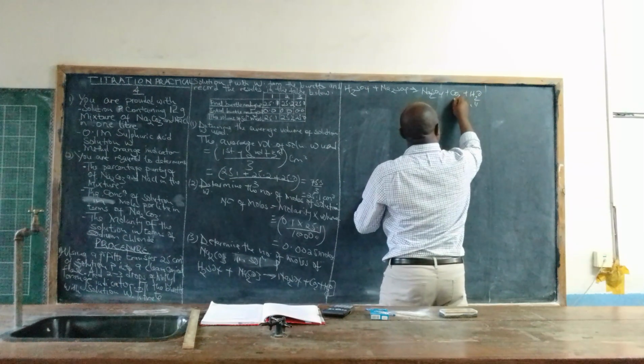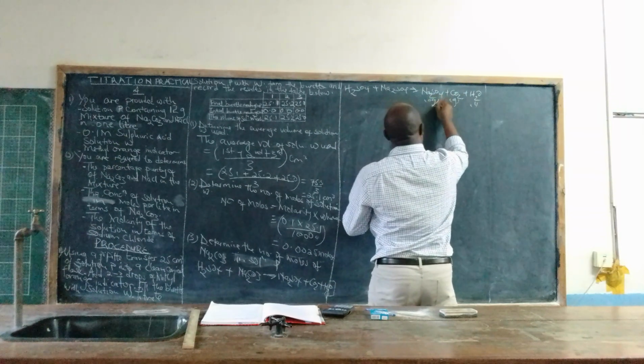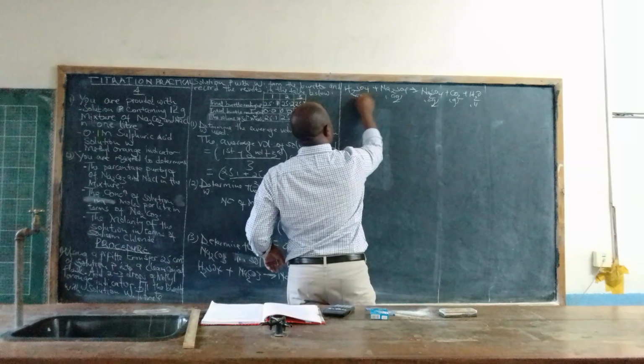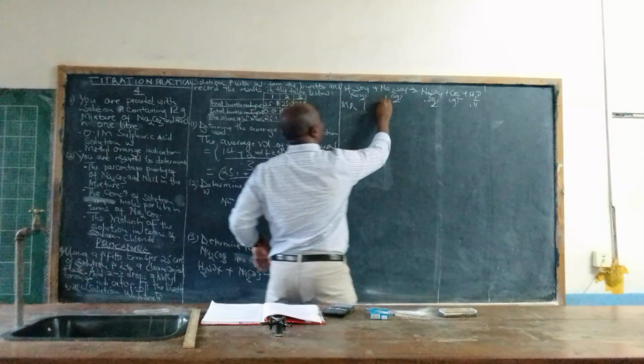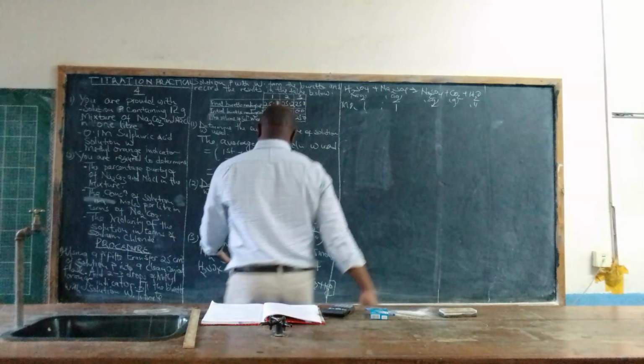This is liquid, this is gas, this is aqueous, this is also aqueous, also this is aqueous. Mole ratio here is 1:1. Our equation is balanced. And what is the question asking?